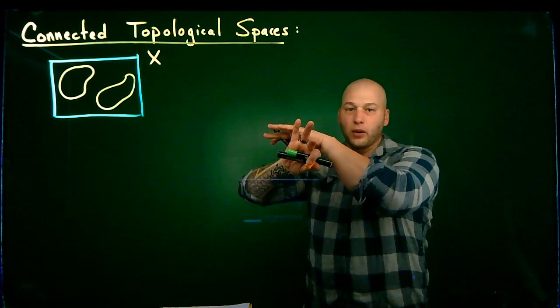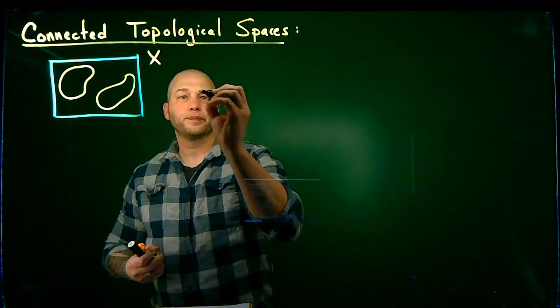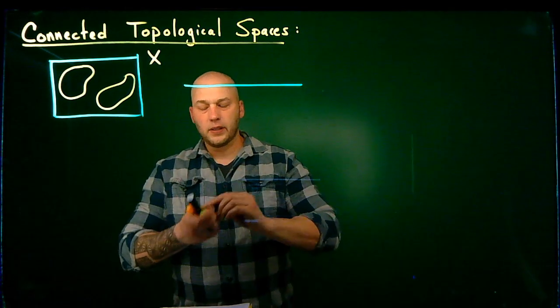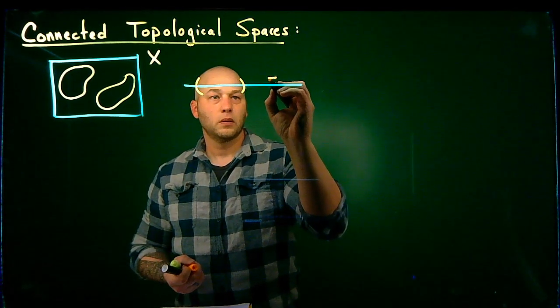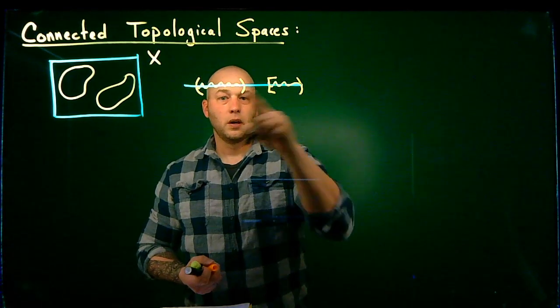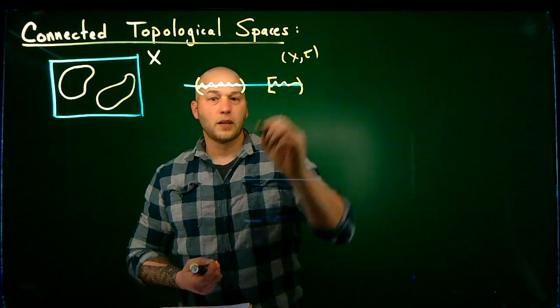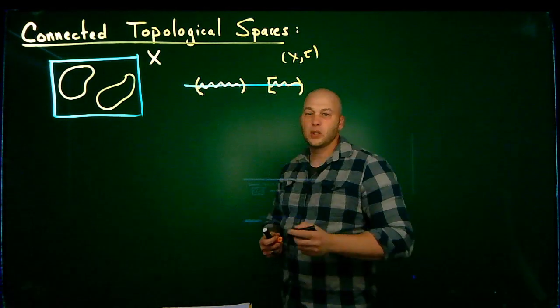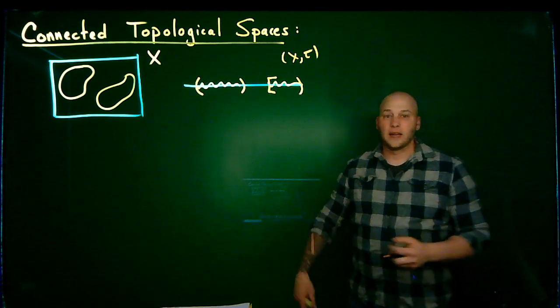They're not together, right? Similarly, if I look at the real line and take intervals here and here, and say my topological space is the union of those two, again they're somehow disjoint, in other words not connected.